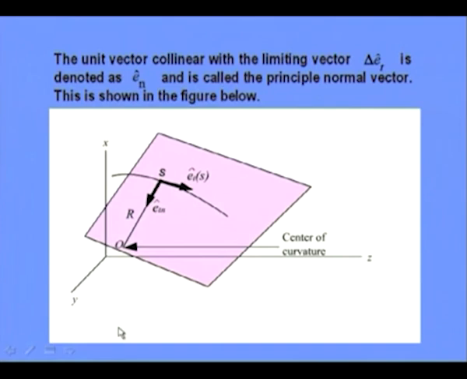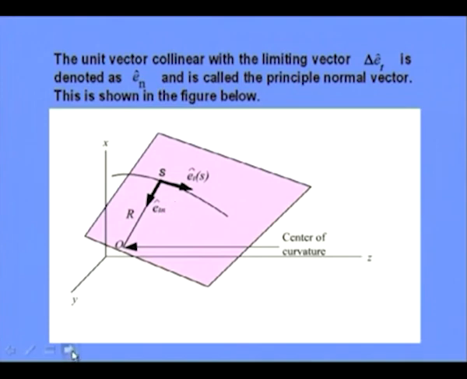This is shown in the figure below. Here this is ET at S, and another vector which goes towards the center of curvature is indicated by En, called the principal normal vector.